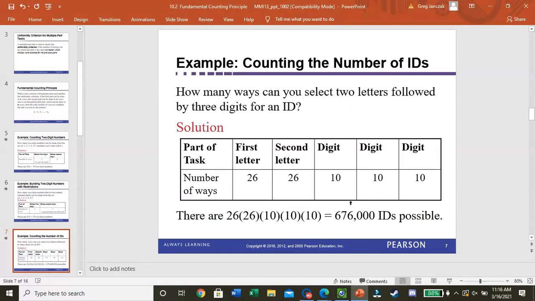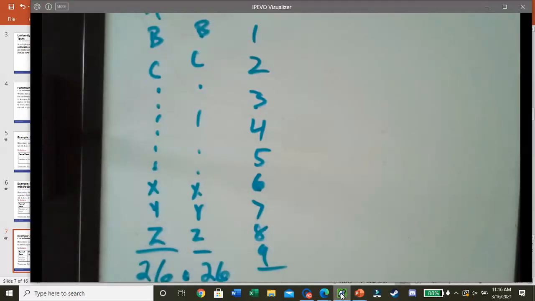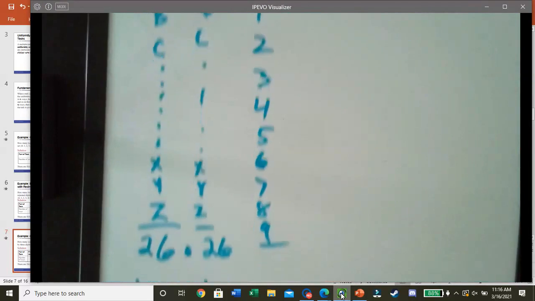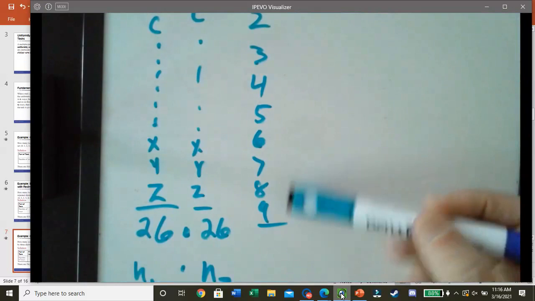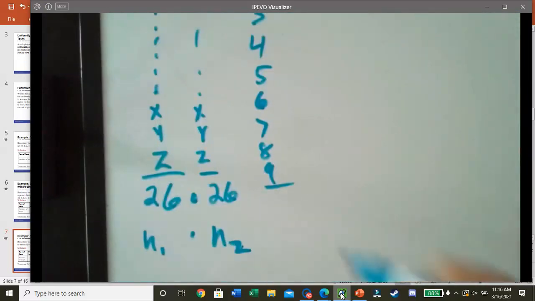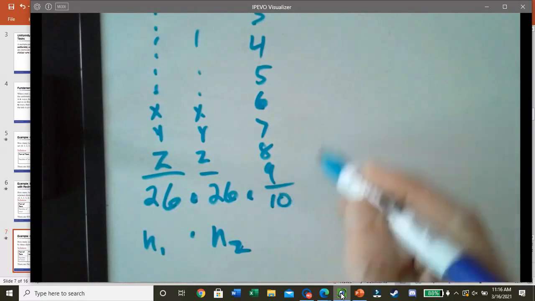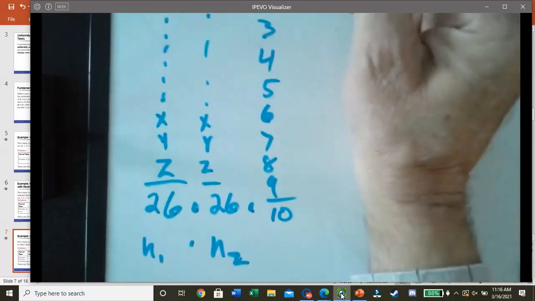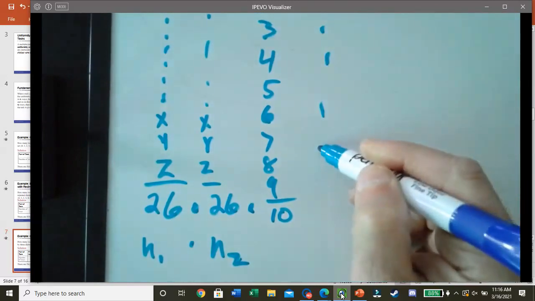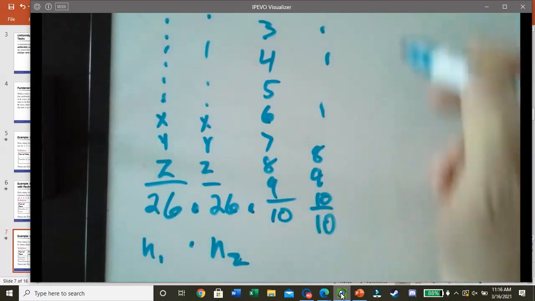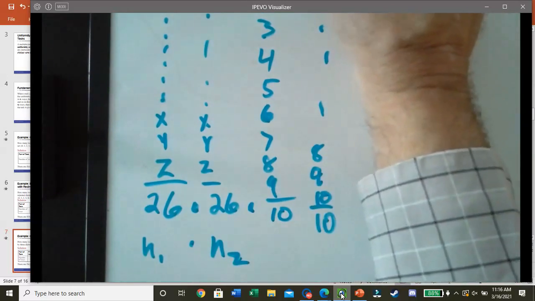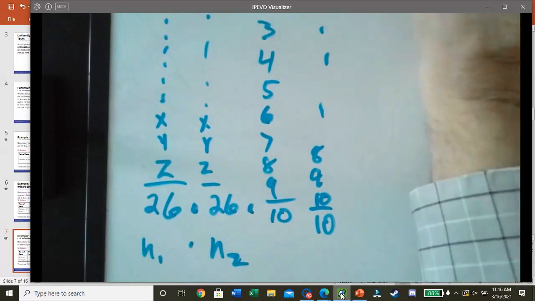So since this ID starts with letters and not numbers, you can have the first digit as a 0. And so how many digits do we have? We've got 1 through 9 plus 0 is 10, right? So that's 26 times 26 times 10. And then again, 0, 1, 2, all the way to 9. That's 10. So that's first digit, second digit, third digit.